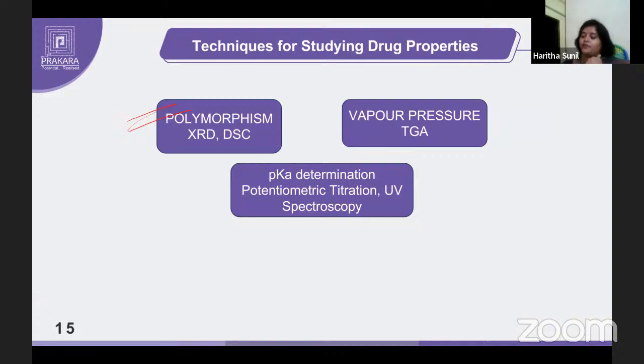You can determine it with XRD, which is X-ray diffraction studies, and DSC, differential scanning calorimetry. XRD is mainly used to determine the crystalline structure of a compound, and it identifies the polymorphic forms by analyzing the diffraction patterns of X-rays passing through the crystalline substance. And then the applications here: they differentiate between the stable as well as the metastable polymorphic forms of a drug.